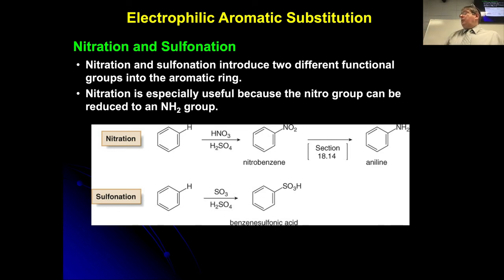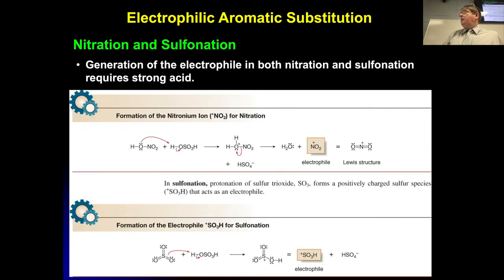We can also do the same thing with sulfonation. So let's look at the sulfonation reaction just a little bit here. The nitration reaction. The key here is to form the NO2+. So when you mix nitric acid and sulfuric acid together, you get NO2+. It looks like this.